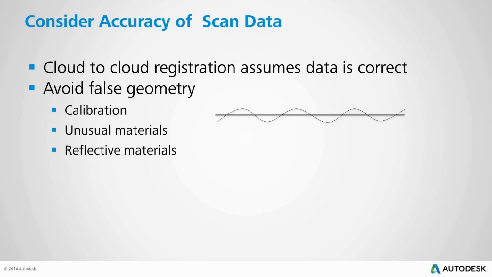Usually a bathroom mirror or a reflective window isn't a problem. But if you have an environment where a large percentage is a hall of mirrors or a big glass building or something like that, you may see some issues due to the reflected geometry that's showing up in the data. So keep that in mind.